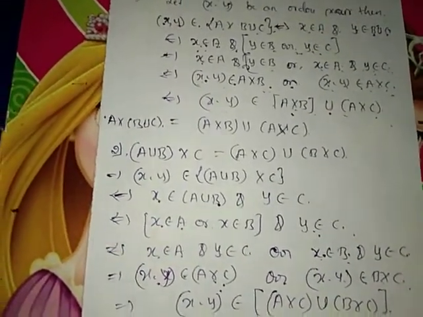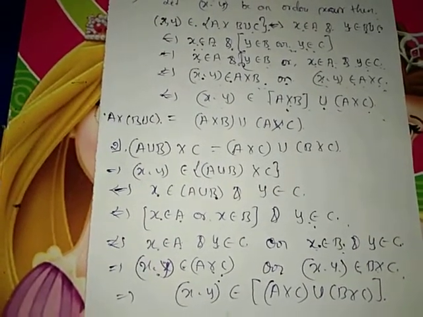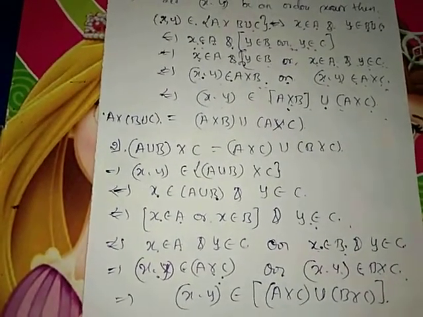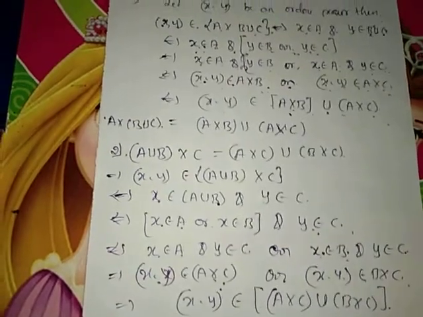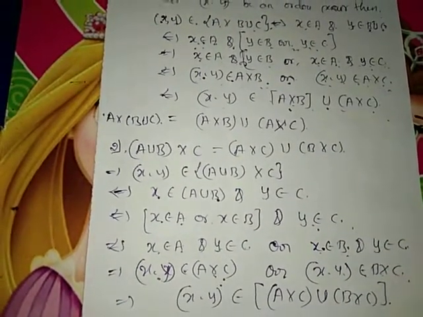Therefore, (A ∪ B) × C is equal to (A × C) ∪ (B × C).